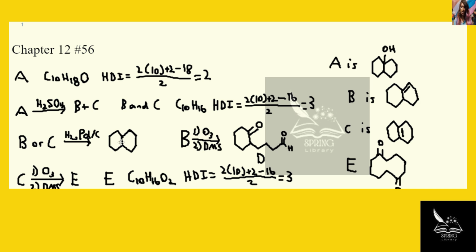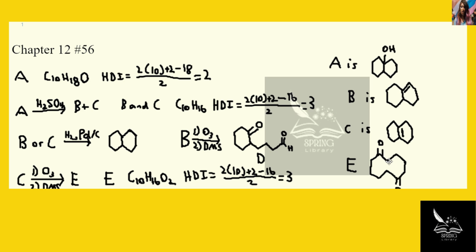We can imagine that if we were to break this central bond in the decalin system, the bond that fuses the 2 rings, we would still have one big ring, and we would have 2 carbonyls. And that actually does end up being what E is.